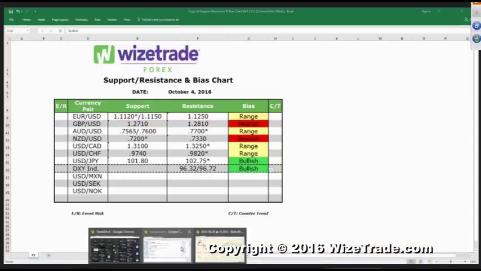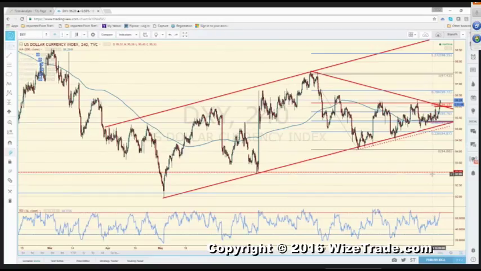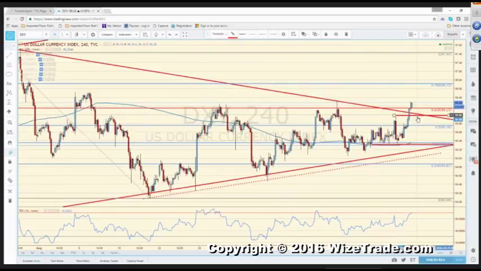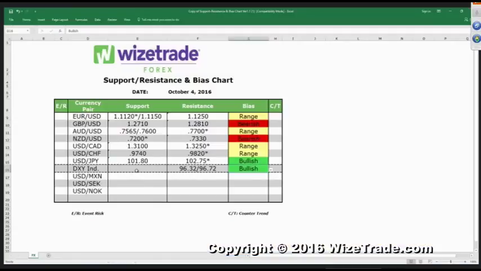Let's go back to the dollar index to figure out where that support is. So now any dip down to 96 is going to be very well supported. Just think about that today. Now remember, we don't have any data coming out today. These moves are all based on what's happening in gold, bonds, stocks.